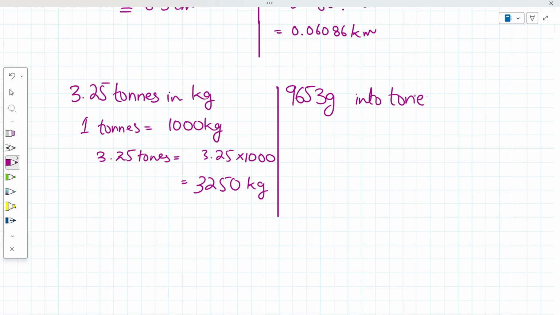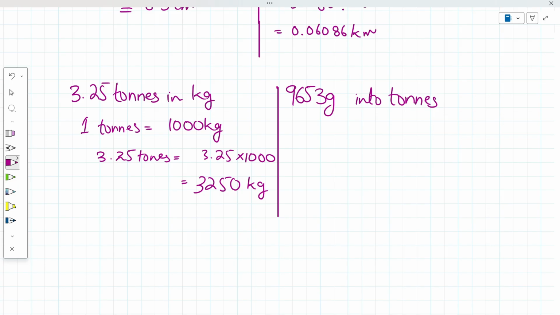We are moving from a smaller unit to a bigger unit, so we do division, not multiplication. We can convert directly, but we are not doing that in our practice right now.